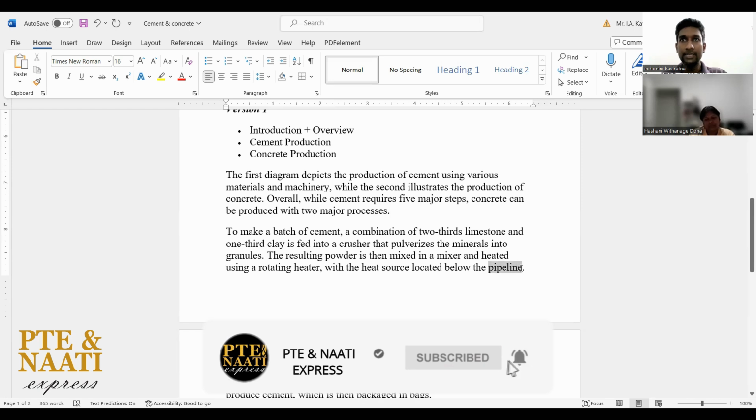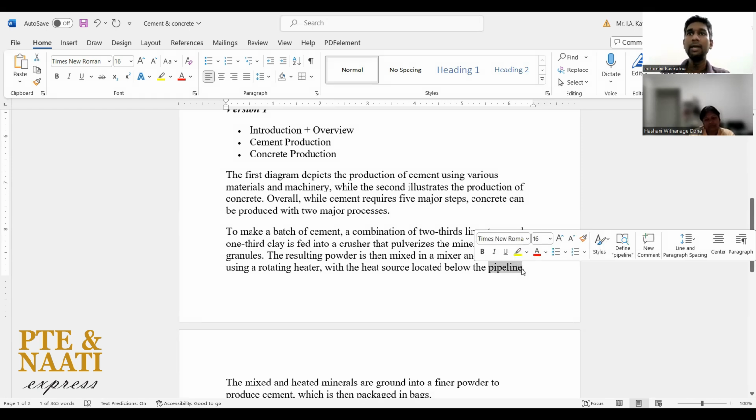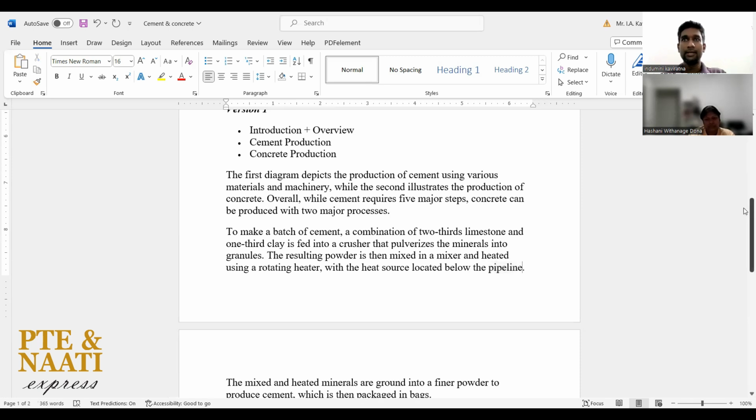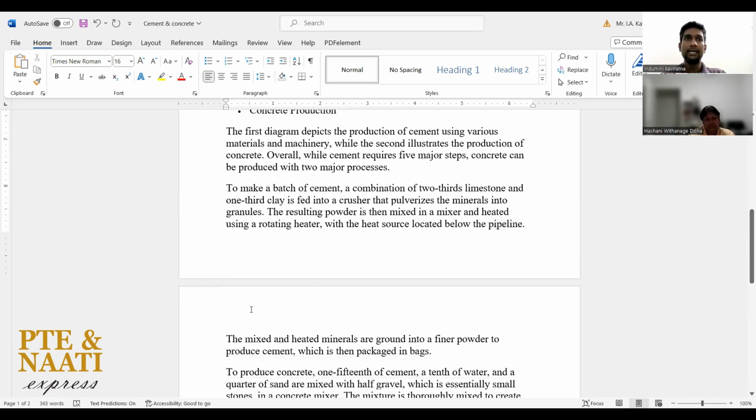So these words should be kept in your head. The mixed and heated minerals are ground into a finer powder to produce cement, which is then packaged in bags. So actually the whole process can be described in 2 or 3 sentences.